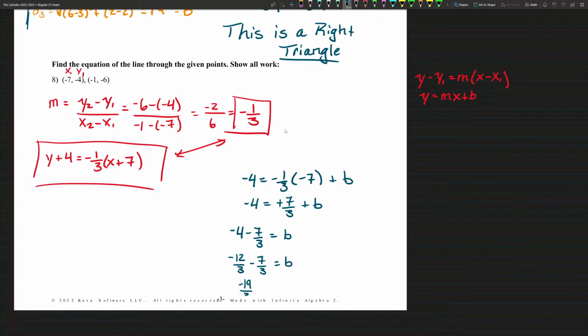So we get negative 19/3 is equal to b. And then with that, we get y is equal to negative 1/3 x minus 19 thirds. So either one, whatever you're comfortable with. I think the red is faster and easier, so that's the one I always use, but that's up to you.